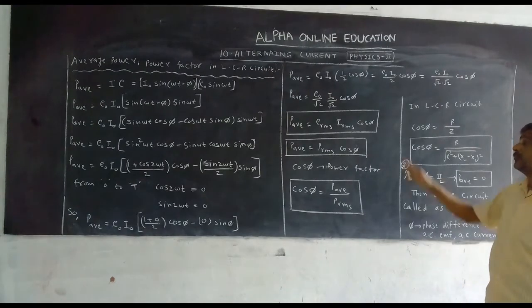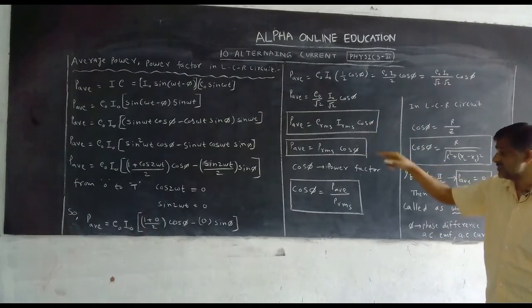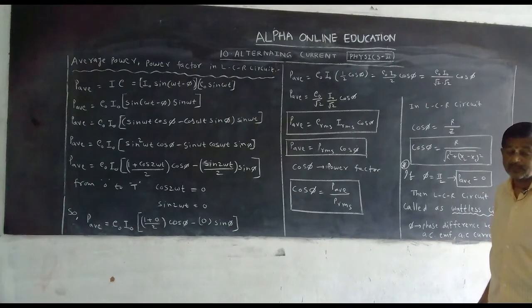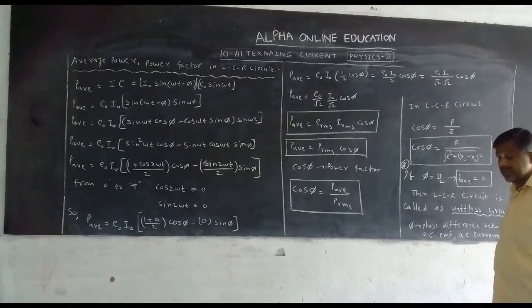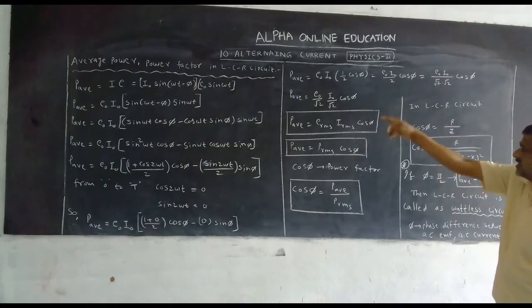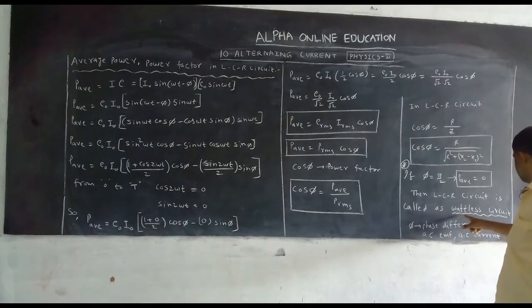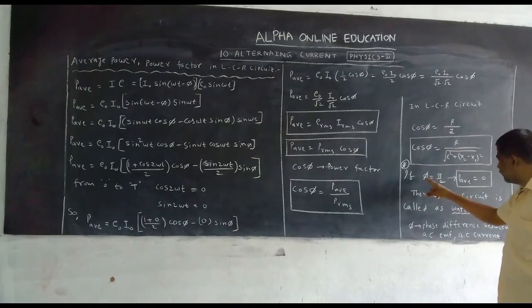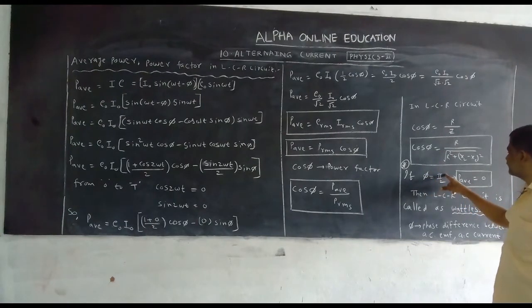Okay, one more important question for 2 marks in this article is: define power factor and what is a wattless circuit. Wattless circuit. Now, the LCR circuit is called a wattless circuit under one condition: when phi is equal to pi by 2.